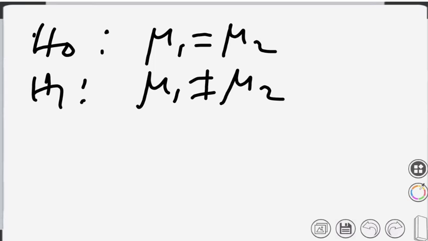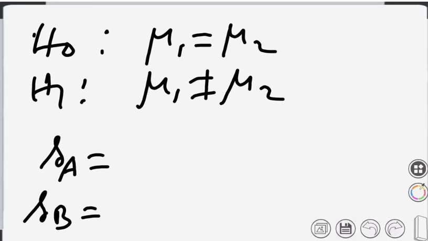So S1 and S2 are not known, so we use the sample standard deviation. What will be S1? Who can tell me what will be S1? Instead of S1 we can write SA and SB. What will be the value of SA? SA will be root over 42. No, that is the sample variance, which is given. Variance means square.